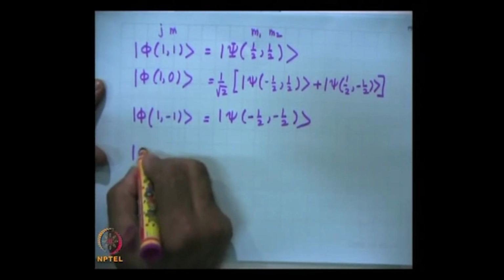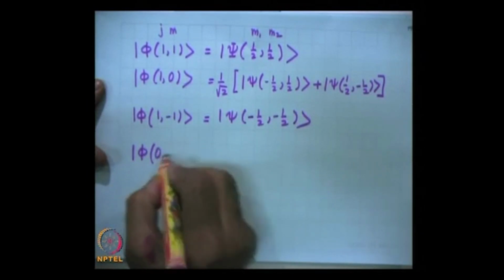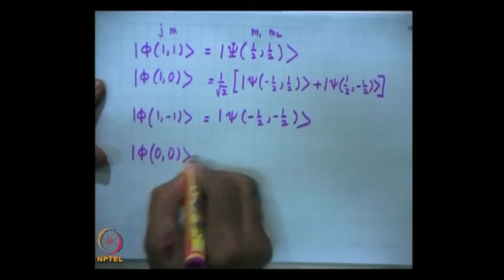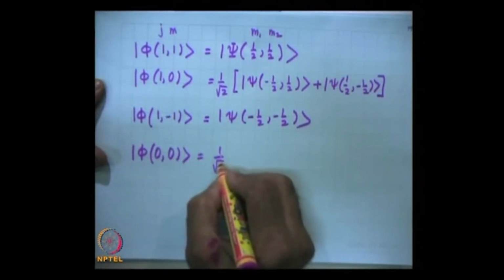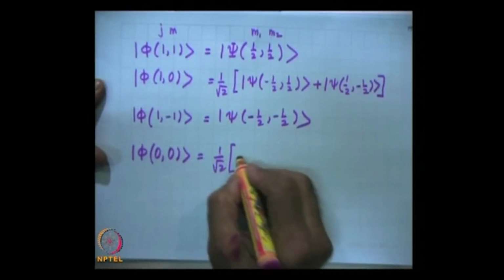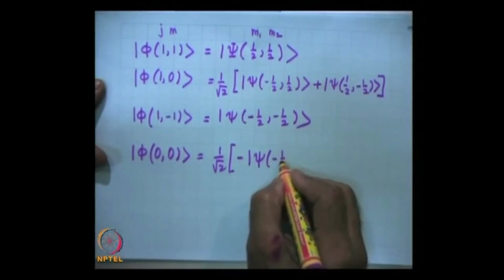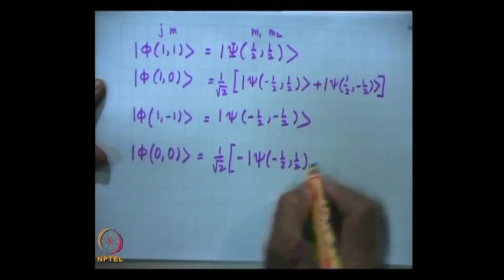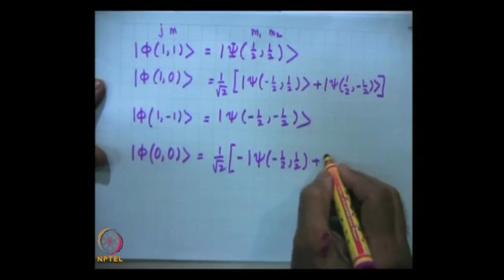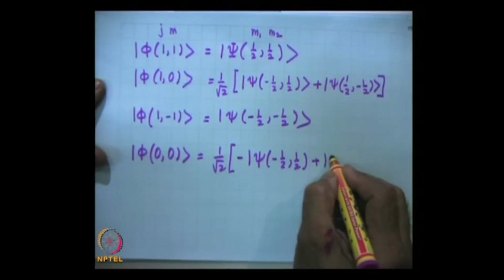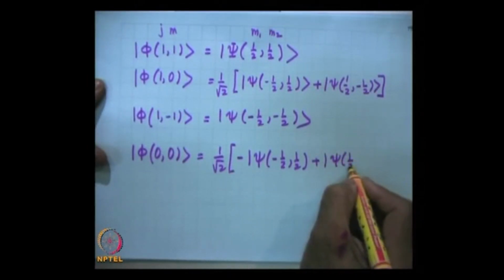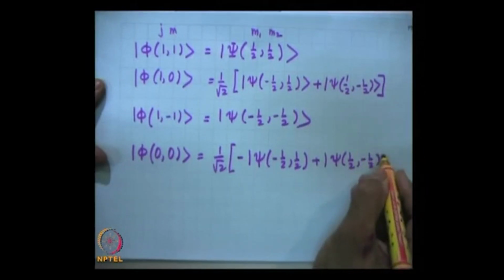and finally, the singlet state 0, 0 is equal to 1 over root 2 times minus psi half, minus half plus psi minus half, half.